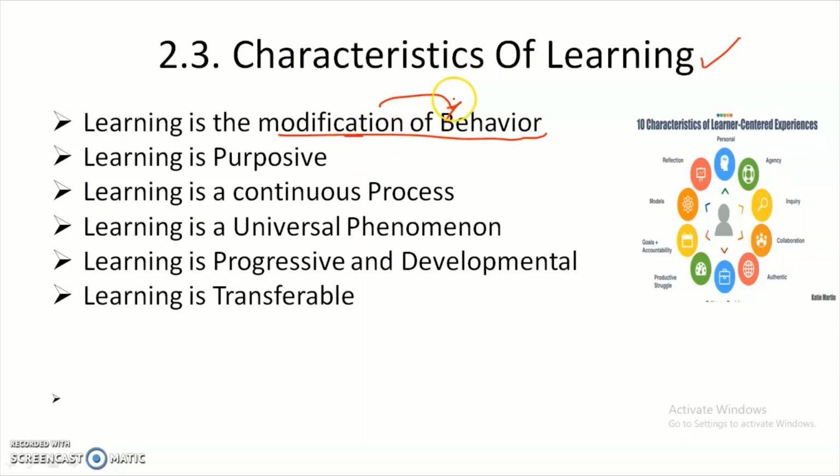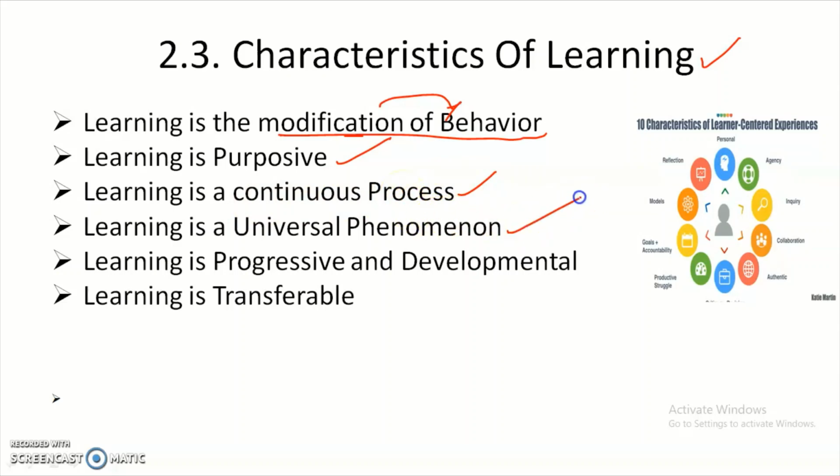We are going to learn something from those people and from our role models. And learning is purposive, definitely it must have some purpose, and it is a continuous process. So up to the end of our life, we have to learn something, either from past experiences or from the environment or from other people, continuously.